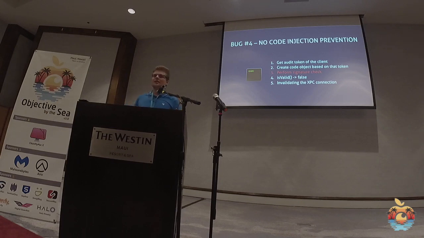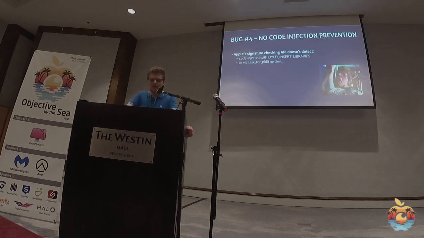Unfortunately, there is yet another thing that may go wrong at that point, because as it turns out, the Apple signature checking API won't detect if any code has been injected with DYLD_INSERT_LIBRARIES or the task_for_pid method either.